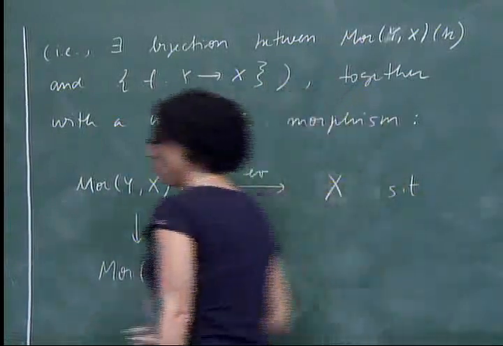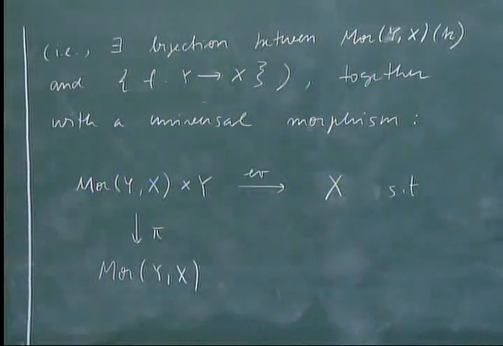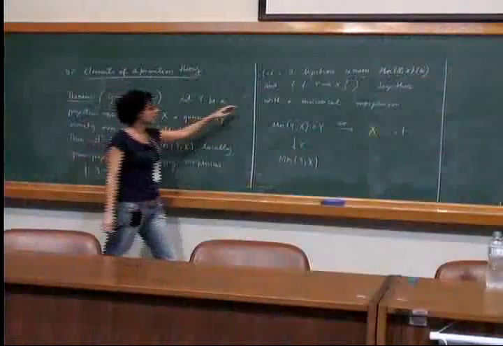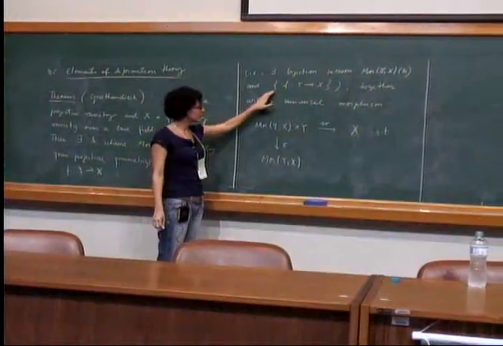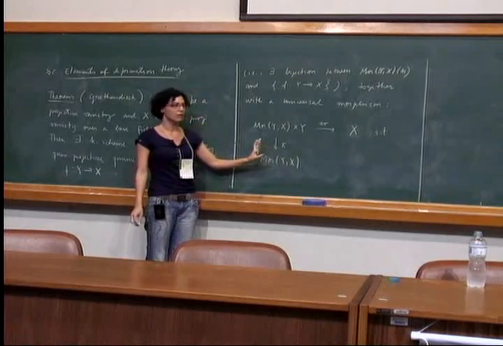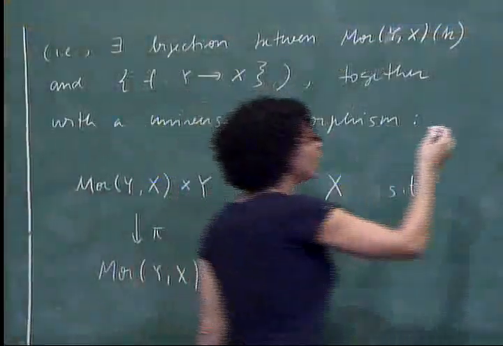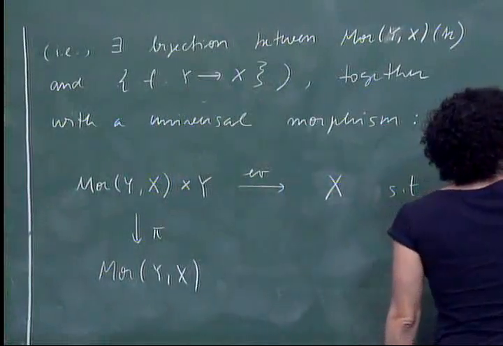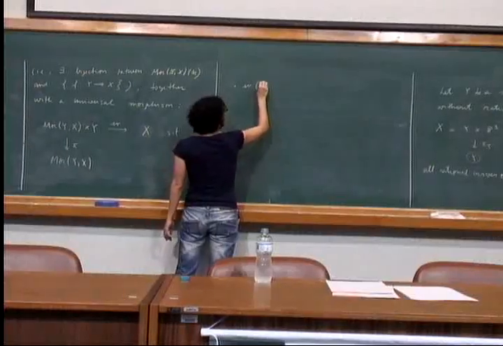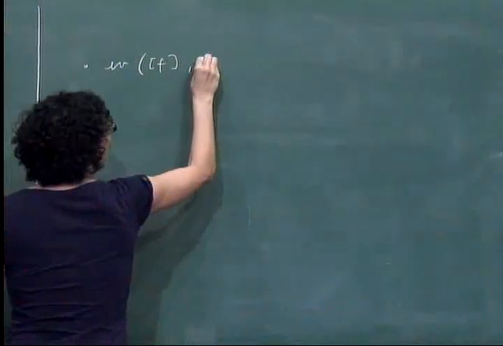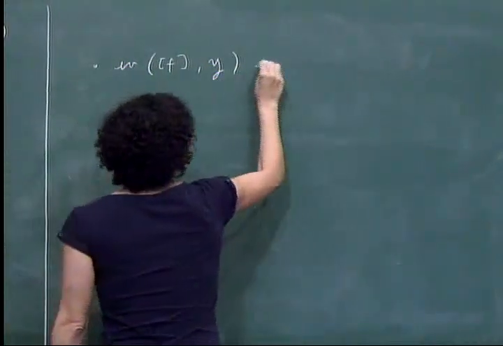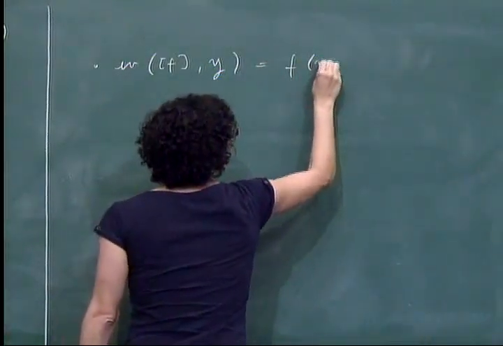So what we are saying here is that not only do we have a bijection between the K points and the objects that we want to parameterize, but they fit nicely in a family. So for instance, at the level of closed points, the evaluation of the pair (f, y) is just f of y.